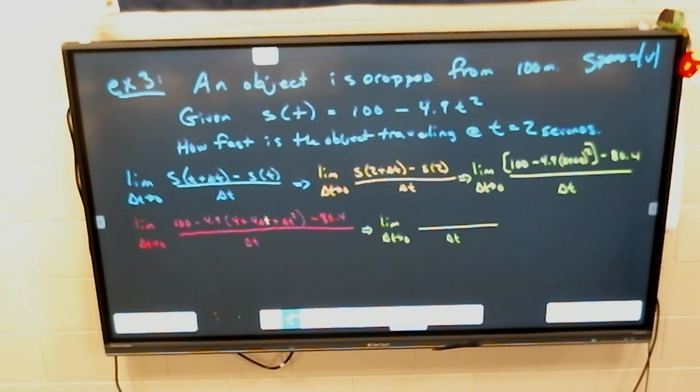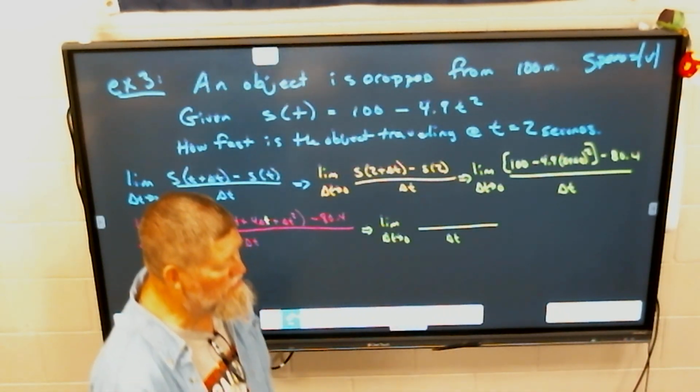Isn't my answer for the point? No, your answer is your slope. I see what you did, that's fine. But how did you get that? x is 2, delta x is approaching 0.